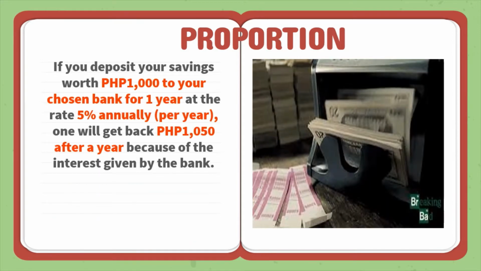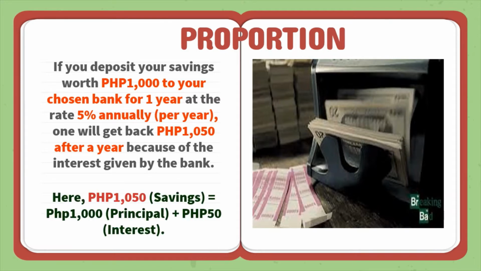If you deposit your savings worth 1,000 pesos to your chosen bank for 1 year at the rate of 5% annually, one will get back 1,050 pesos after a year because of the interest given by the bank. Here, 1,050 savings is equal to 1,000 yung principal plus 50 pesos the interest.